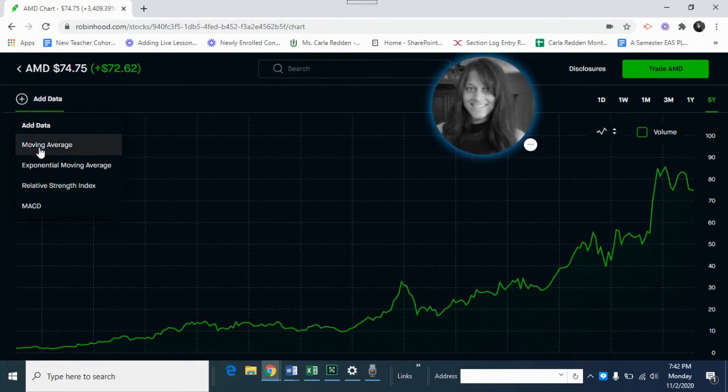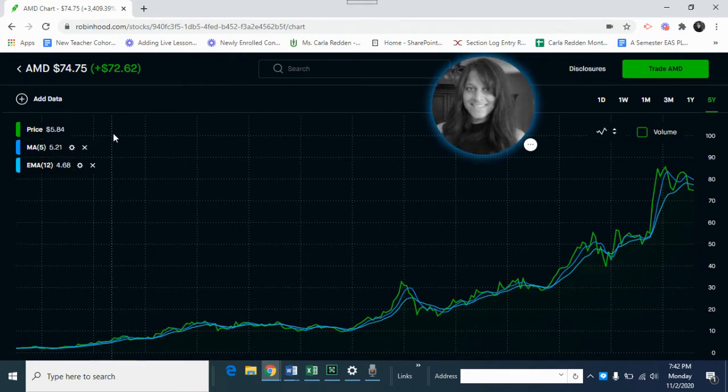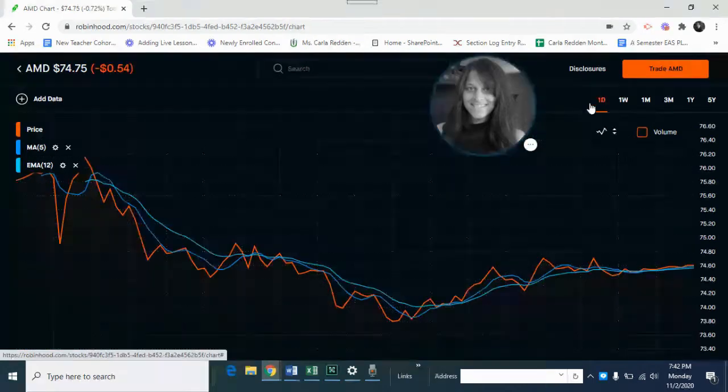The first data I want to add is something called the moving average. The next data is the exponential moving average. You can see that these will be very important when you're trying to figure out a good entry point, right? If you're trying to figure out if the stock price is going up or going down, let me go on the 1 day chart.